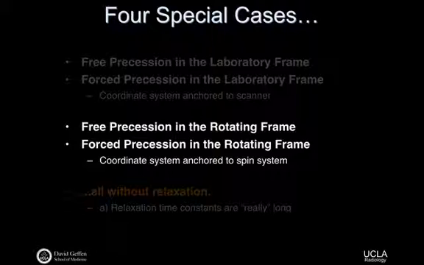It looked like a minus sine omega RF times time on the I hat prime direction plus a cosine omega RF times time on the J hat prime direction. So these 2 things here, these are just by definition. If you go back 5 or 6 slides, you'll see them there.